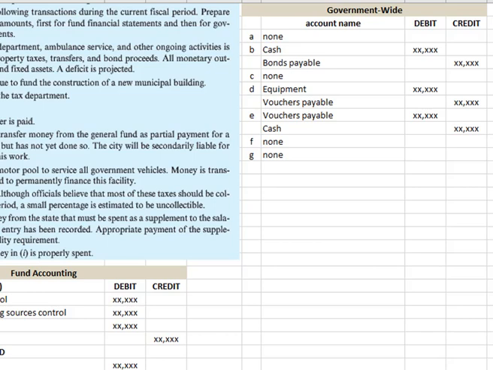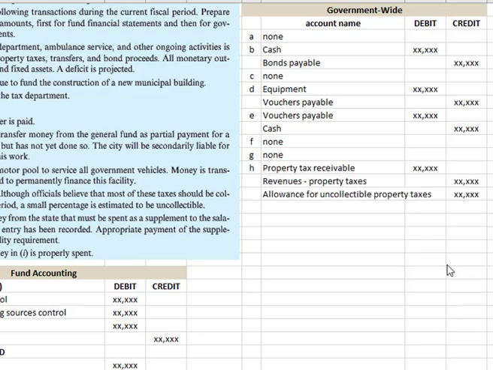What about H? So H is the same. The only thing different, of course, with H is you're not having to indicate which fund the activity is going through. And then for I, the entry is the same, except, of course, you don't have to indicate which fund.